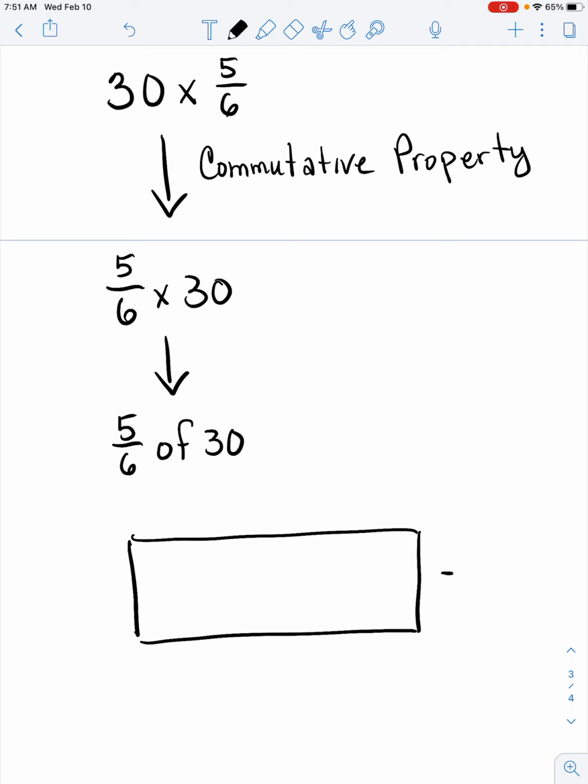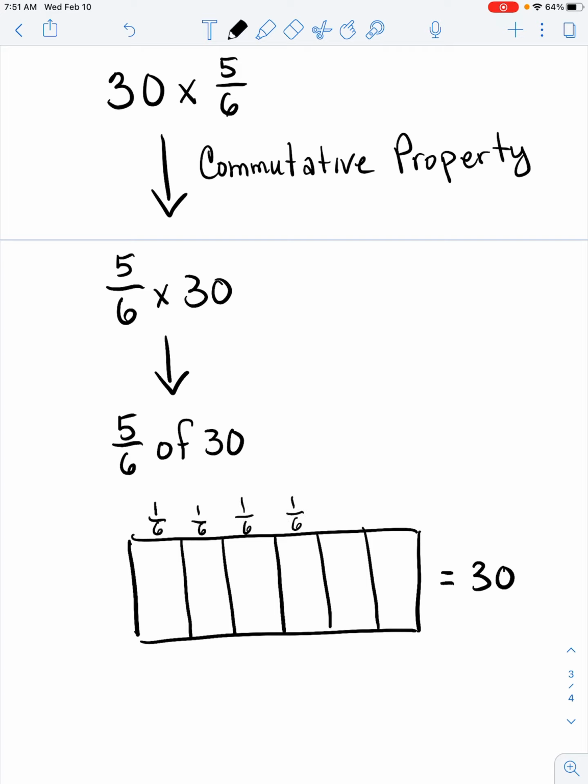Okay, whole thing is equal to 30. The denominator is 6, so I have to divide the rectangle into 6 equal pieces. Each one of those pieces is 1/6. I did not label before, but it's always good to label. Okay, I want 5/6, so I need to show that I'm only talking about 5 of those sixths.